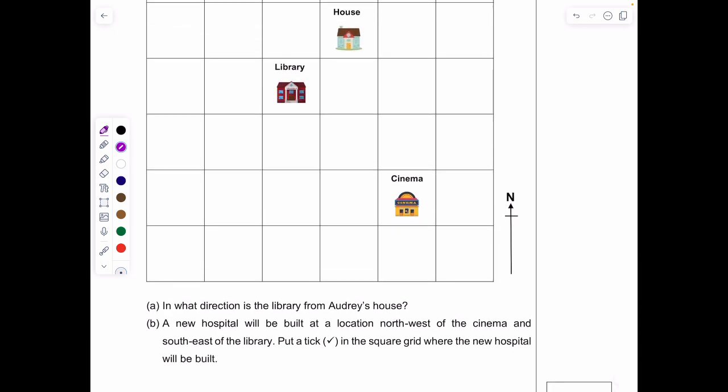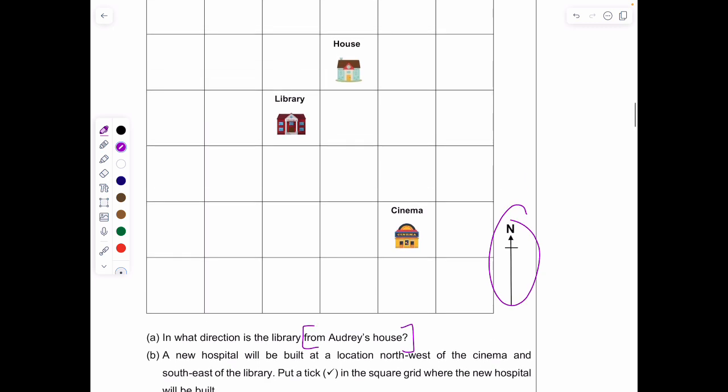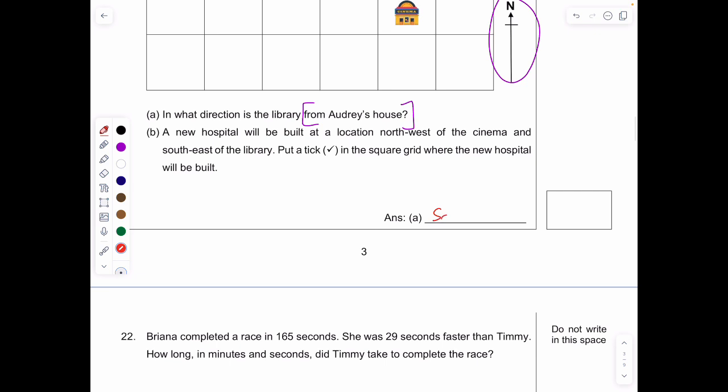And it says from Audrey's house. So the important thing is to take note of where is your north, your compass. So because it's from Audrey's house, we are taking reference. So this is north, south, east, west. So the library is actually here. This is actually southwest. So the answer would be southwest.